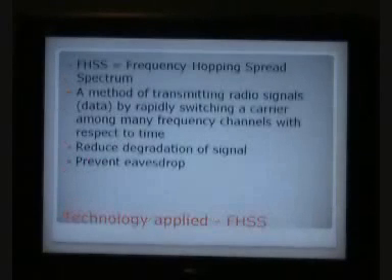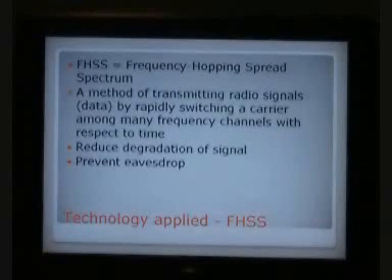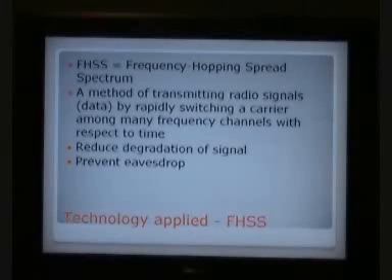So here we talk about an important technology applied on Bluetooth, FHSS. FHSS has a full name of Frequency Hopping Spread Spectrum. FHSS is a method of transmitting radio signals by rapidly switching a carrier among many frequency channels. It requires wider overall bandwidth than simple transmission using only one frequency channel.